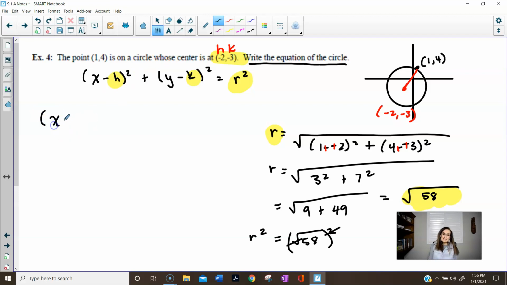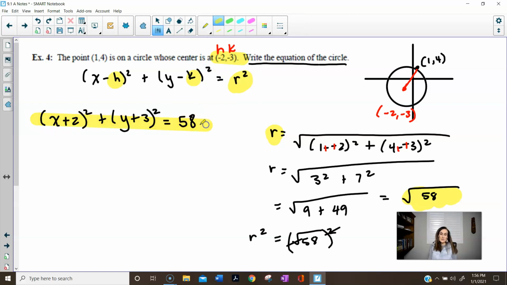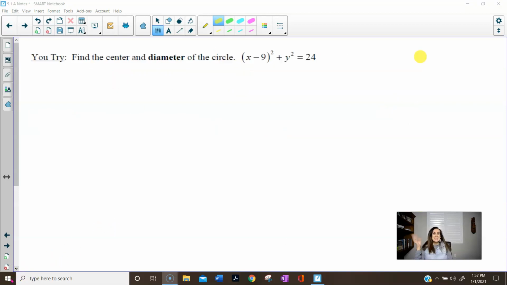It would be x subtract h. Again, h is the -2, so plus minus minus is a plus. And then y subtract k, so y minus -3, which is plus 3 squared, equals, and r squared is 58. And that is the equation of the circle that goes through point 1, 4 and has a center at -2, -3. Example is a you try, which means you should try it, stop the video, try it, and then check it.